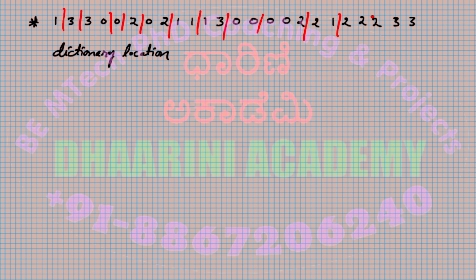Then 2, 2, 2, 1 is over. Then 2, 2. Then 2, 3, and 3. I don't have any other option, I have to leave it. There is a rule saying that you should keep the length minimum.